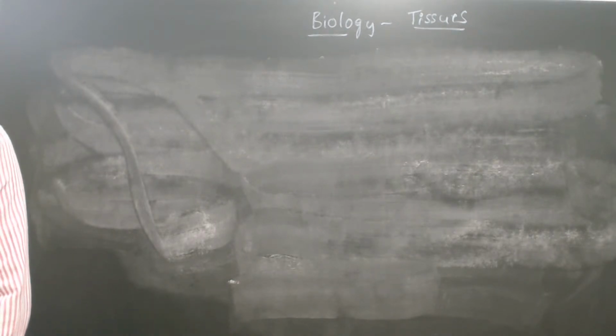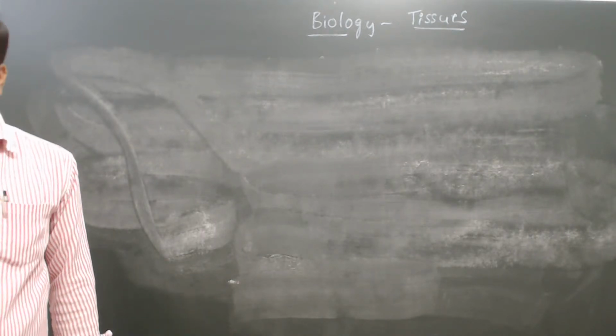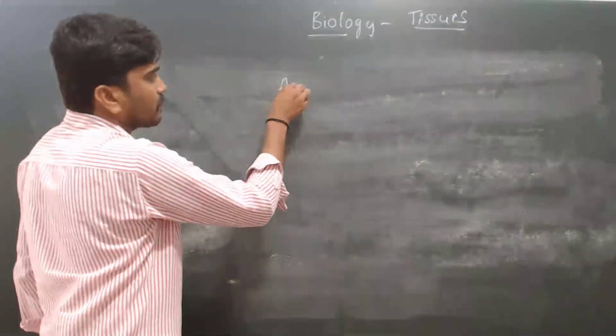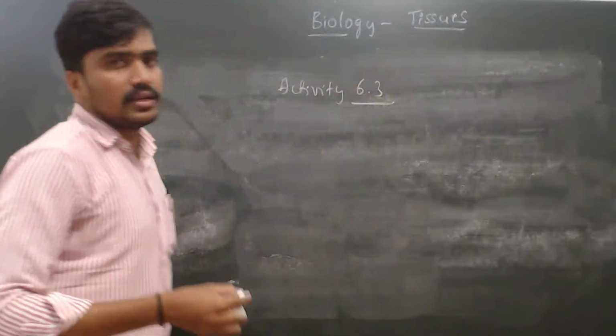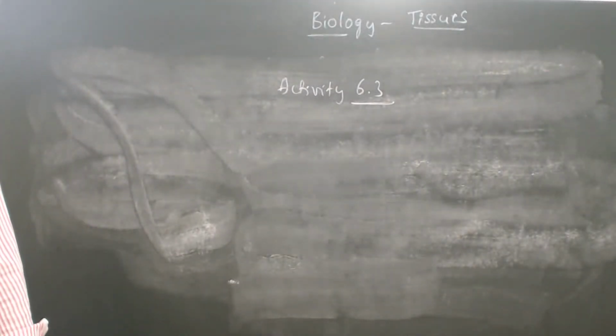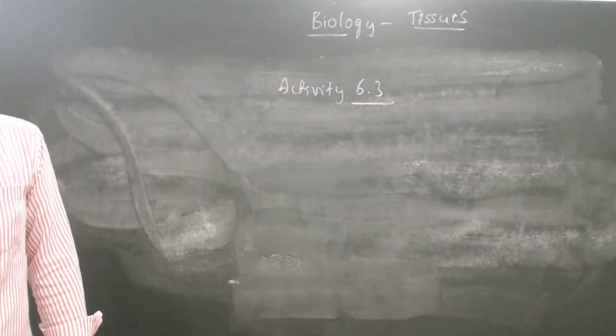Then complex permanent tissue: xylem and phloem. Related to this we have activity 6.3. Tomorrow I will discuss this activity 6.3.